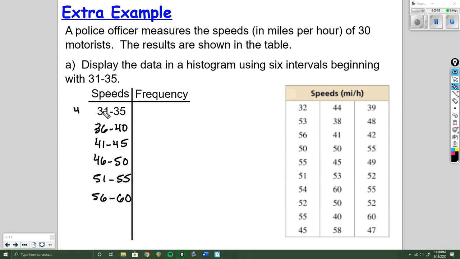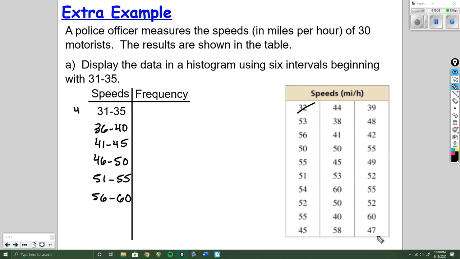All right, so now what we got to do is count the frequency. So how many of these 30 motorists were traveling at 31 to 35 miles per hour? All we're going to do is go through this table and count, and I'm going to mark them off as we count them. For 31 to 35, there's 1.